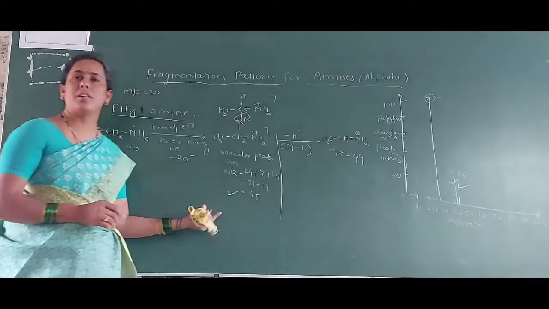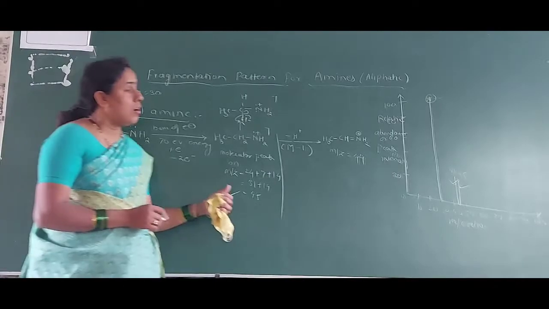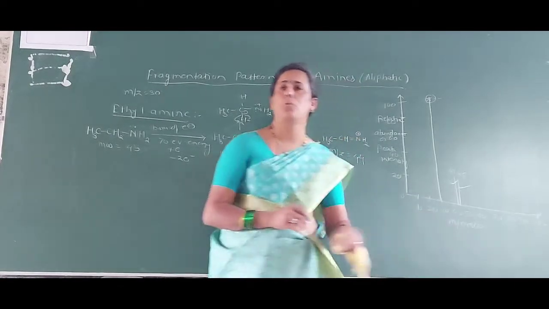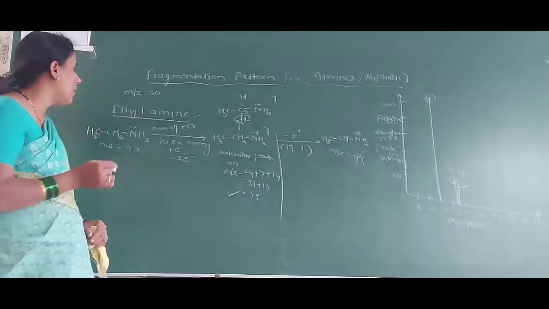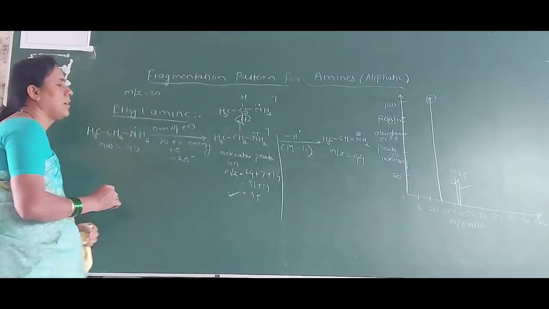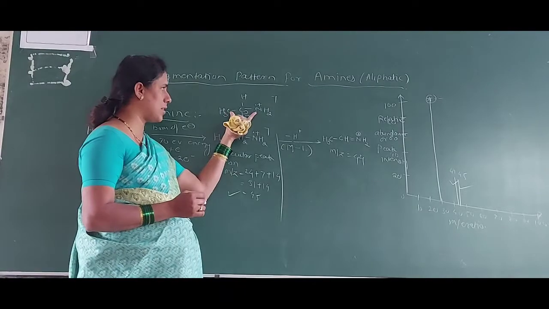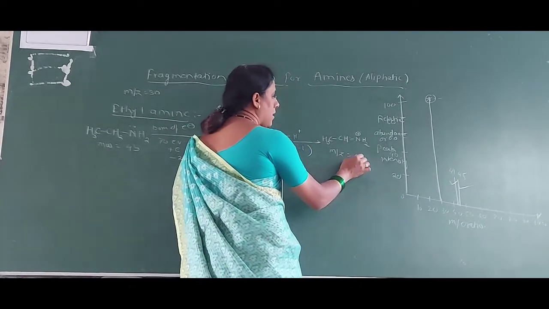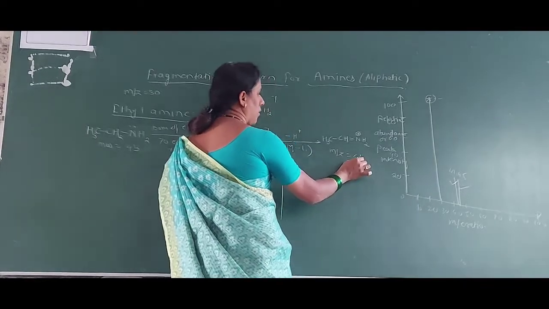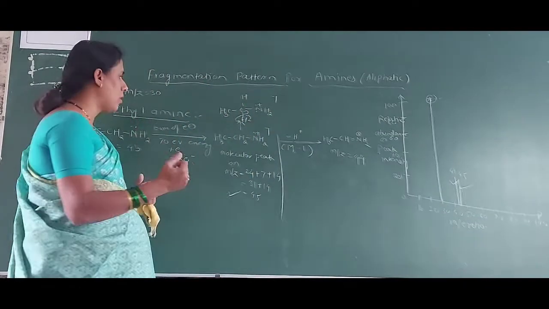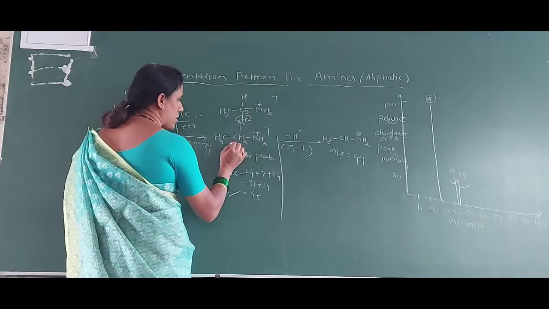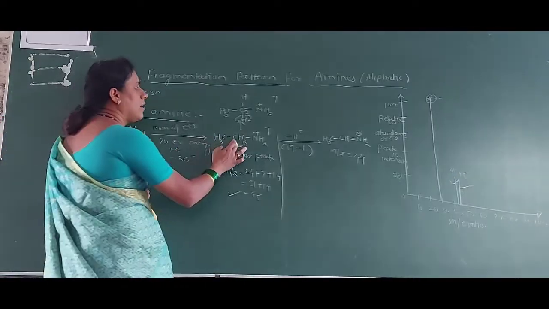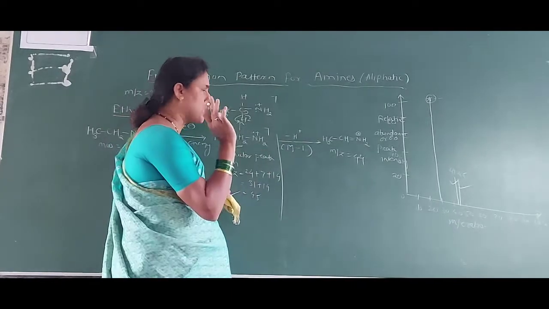Now the question arises, how will you get the peak at m by z equal to 30? This question is solved by using the formula. What is this formula? Here we get the molecular ion.